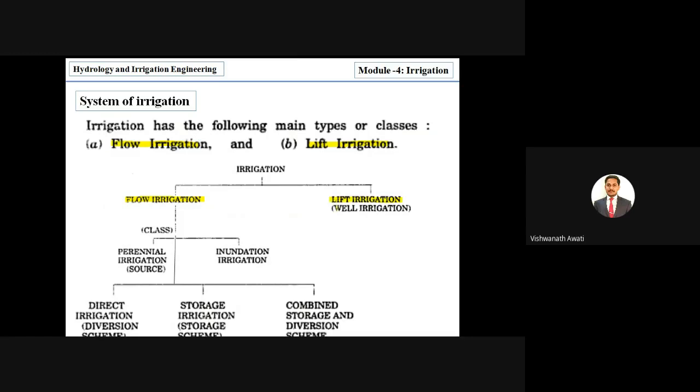It is mainly used when the water level is lower than the irrigation area, so we use a pump to take the water to a high head area. Flow irrigation is divided into two: perennial irrigation and inundation irrigation. Again, depending on the scheme, it is divided into direct irrigation, storage irrigation and combined irrigation. This is also a division of flow irrigation based on some condition.